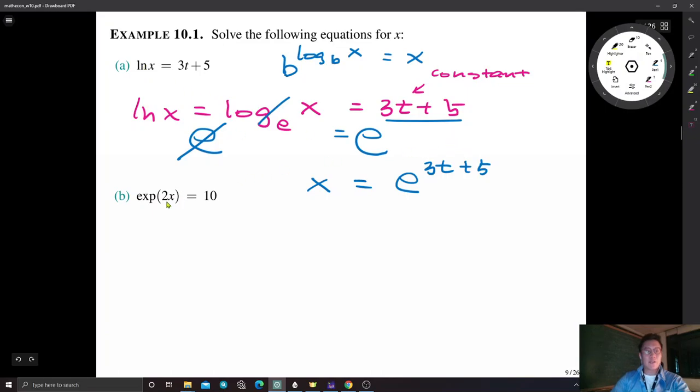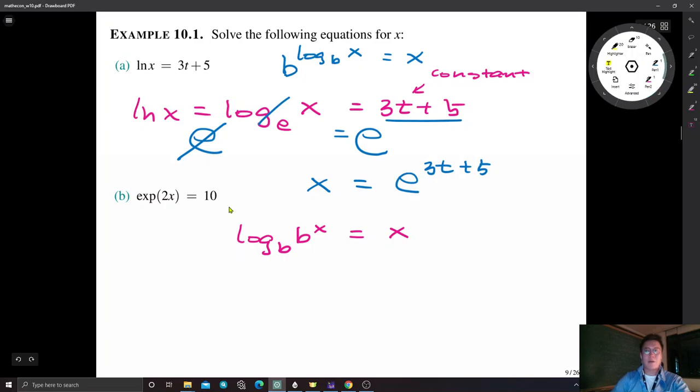When the equation involves an exponential function, for example e to the power 2x is given by 10, then we take a logarithm of both sides. Now we are going to use log with base b of b to the power x is equal to x.